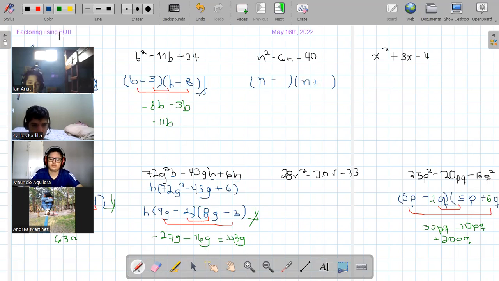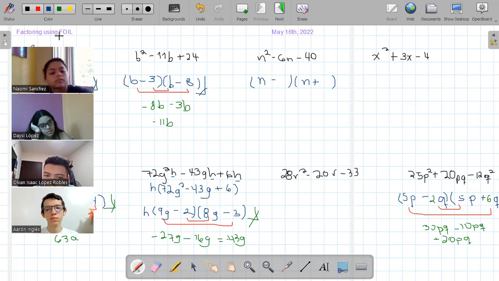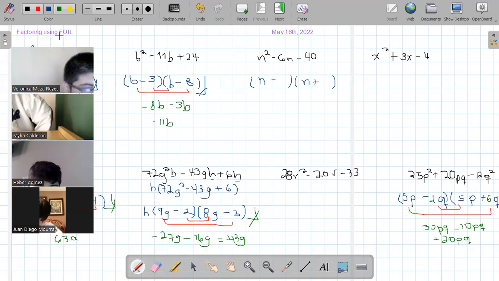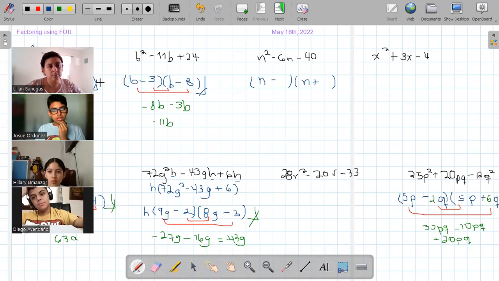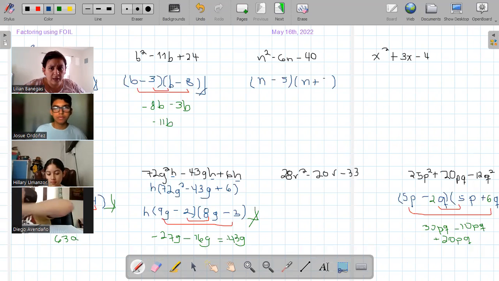Then we're going to look for one number that multiplied by another will give me 40. What number multiplied by another will give me 40? 5 and 8. Okay, so let's place here the 5 and the 8.